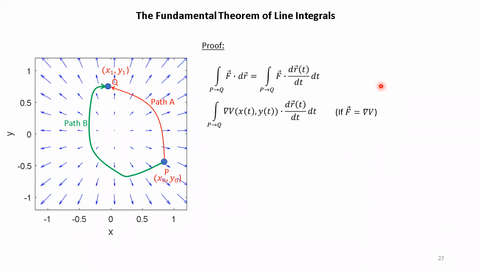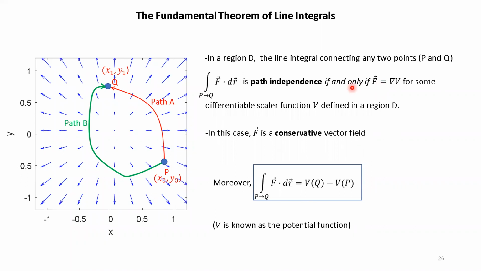So let's try to prove it. Of course, if you are very cautious, you know that I need to do it both ways: the if part and the only if part. But here, I'll just do the if part first.